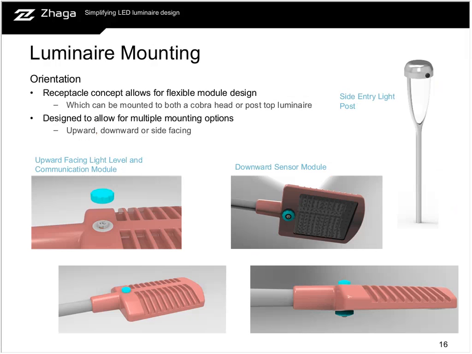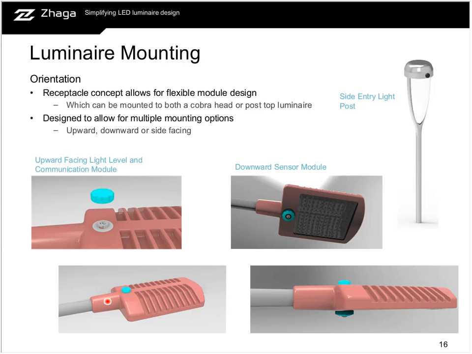As Martin said earlier in the presentation, we feel that this gives a lot more flexibility. The NEMA receptacle is only really designed to be mounted facing upwards. So this receptacle can be used in the same way. So here we can see a receptacle and there with a module fitted.